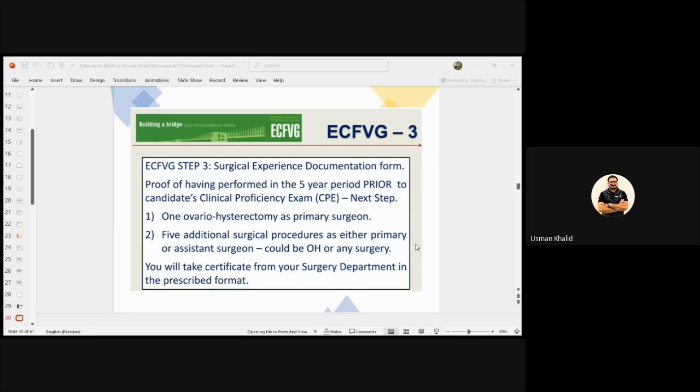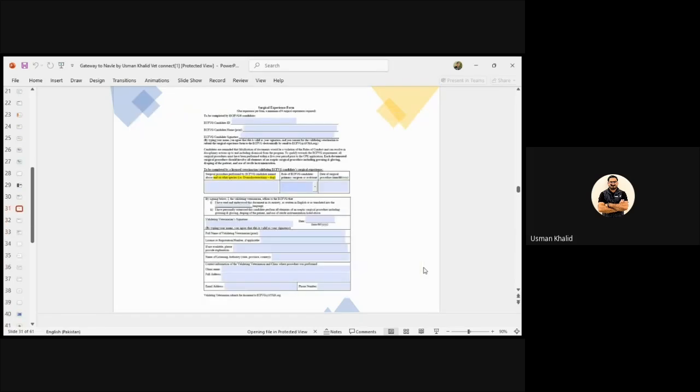You can write all the stuff and get his signature, and tell him to write his RVMP or registered number, whatever, since in India and those countries they are different. Then you can ask them to send the form from their email to ECFVG, and they will accept that. The form looks like this. It's an online form, and you just need to fill it out.